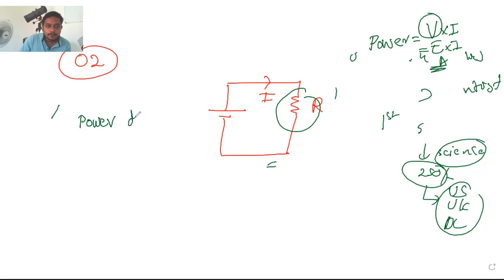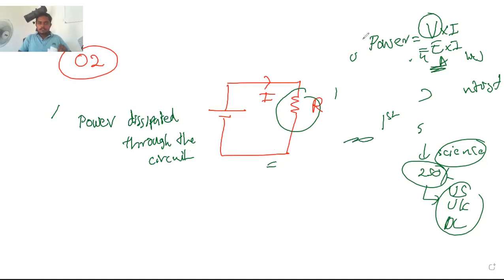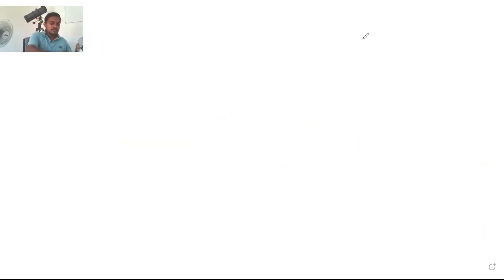Power dissipated through the circuit. The answer is the power dissipated through the circuit. Then we can move to the next part. It is power. Do these changes and write them down. After that, you can do the next one as well.